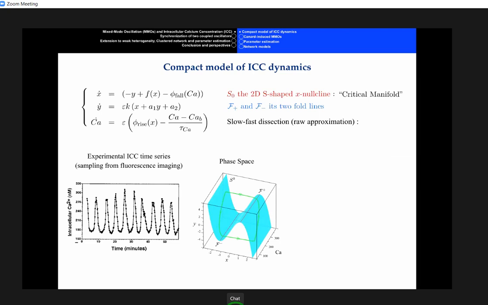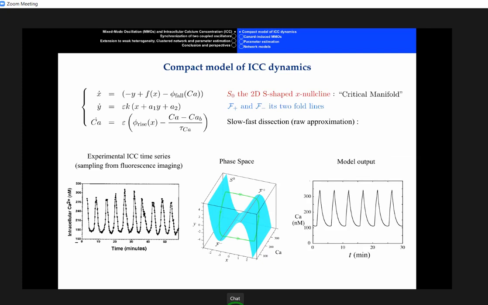So this type of time series is reproduced by this system when we are in the case of the existence of a limit cycle. It's almost exactly the same as in the Fitzhugh-Nagumo system, but it's in 3D. Okay, and so the model output reflects quite well the experimental data of ICCs that we are obtaining in the GNRH neurons as well as in the motoneurons.